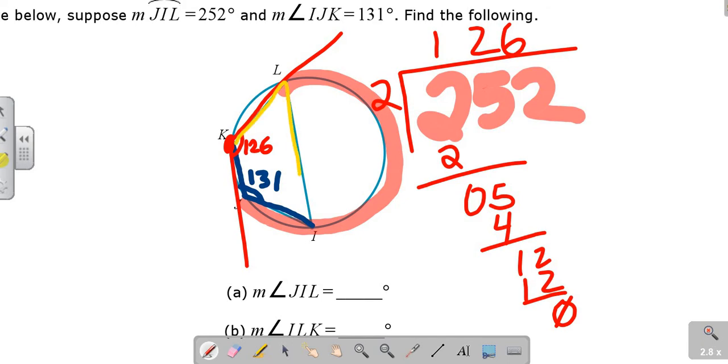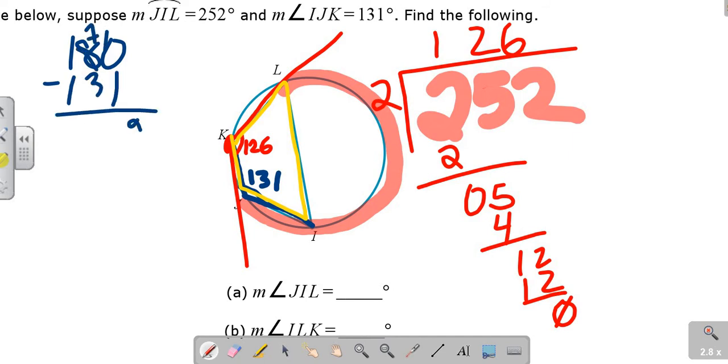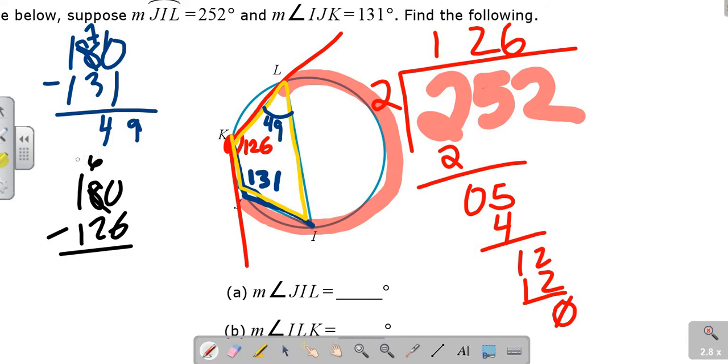Because this is an inscribed quad, opposite angles add up to 180, which means 180 minus 131 makes this opposite angle right here 49. 180 minus 126 makes this opposite angle 54.